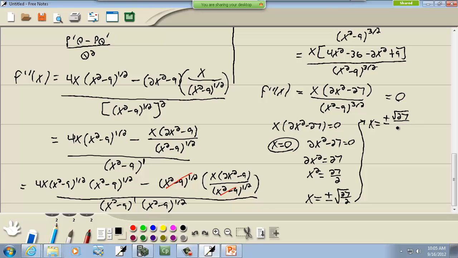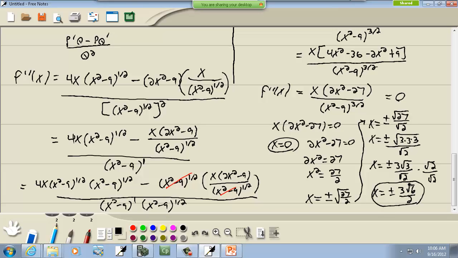Square root of 27 over square root of 2. 27 is 3 times 3 times 3. So I can simplify that one a little bit. I can bring a pair of 3's out as a single 3. And we can't have the square root downstairs, so we'll multiply top and bottom by the square root of 2. And since I'm about out of space, I'll go ahead and put it right here. And that gives us plus or minus 3 square root of 6 over 2. And those are our other two answers.